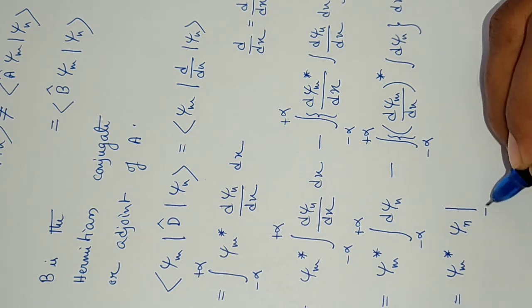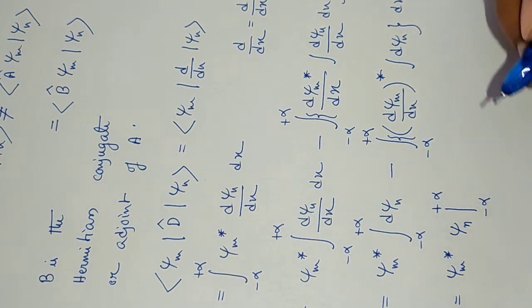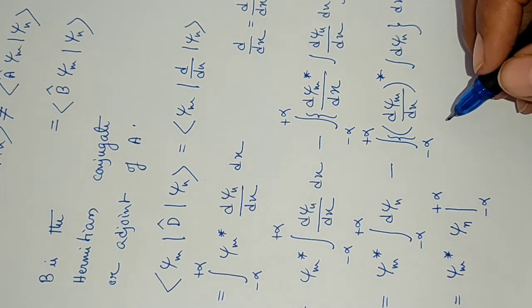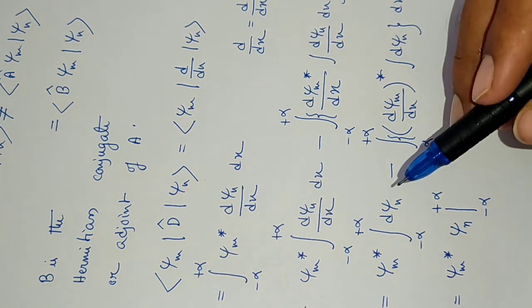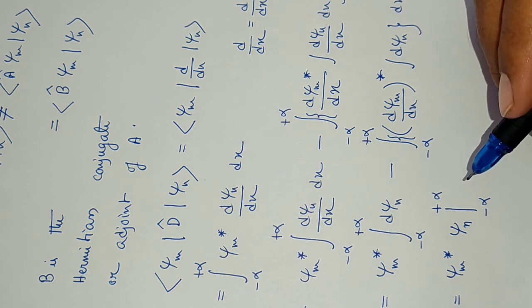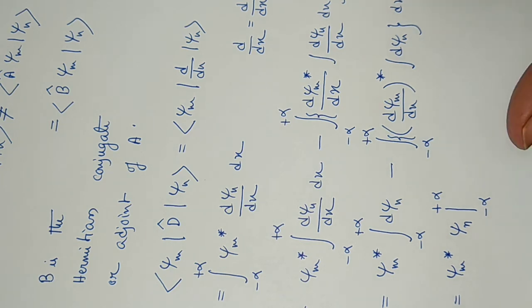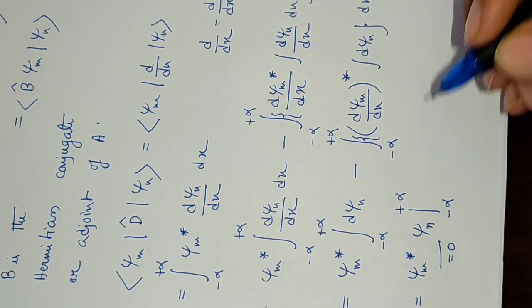Now these are well behaved functions, so at the extreme right or extreme left of the domain in which the particle is residing, the wave function will be 0 since it must be continuous. So this part becomes 0.